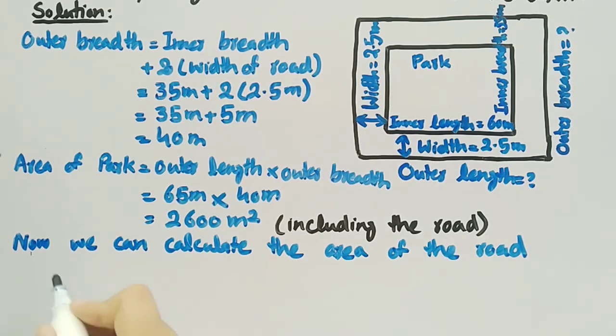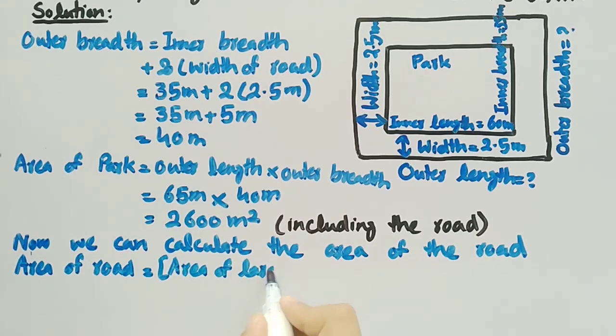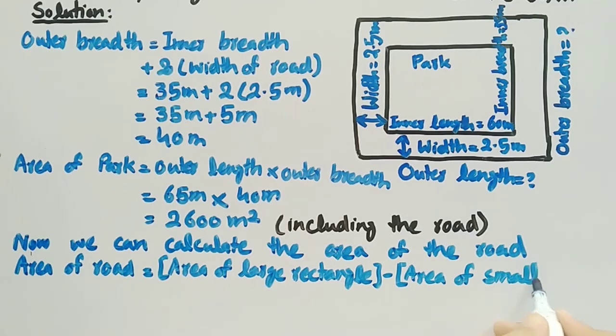And formula for area of road is equal to area of large rectangle minus area of small rectangle.